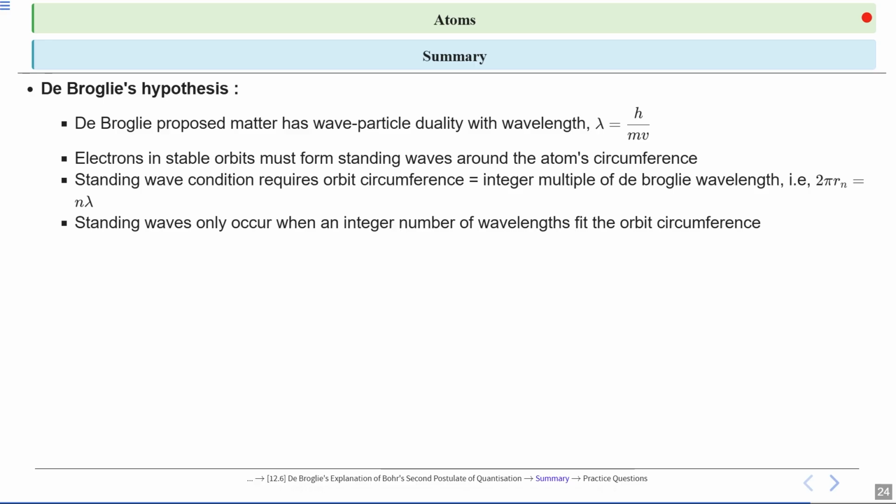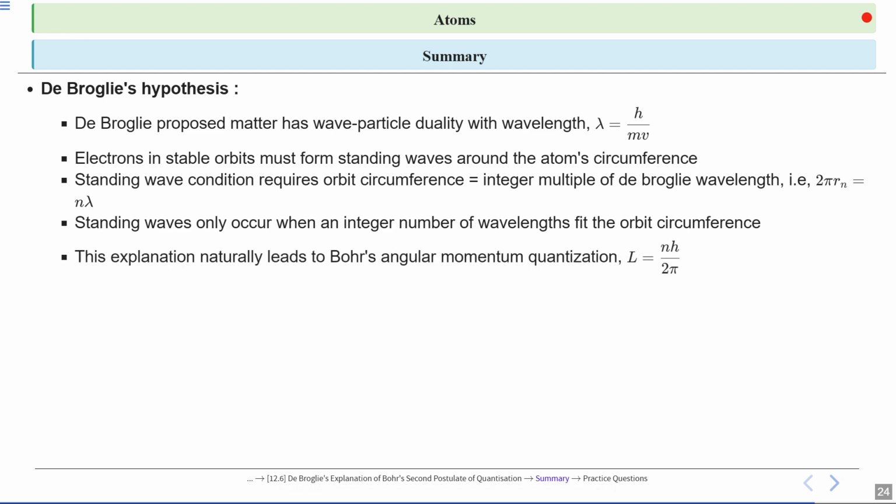This standing wave condition means that only orbits where a whole number of wavelengths fit exactly around the nucleus are possible. If the wavelength doesn't fit perfectly, the wave cancels itself out and the electron can't stay in that orbit. De Broglie's idea leads directly to Bohr's rule for angular momentum, L equals n times h divided by 2 pi, where L is angular momentum, n is an integer, and h is Planck's constant.